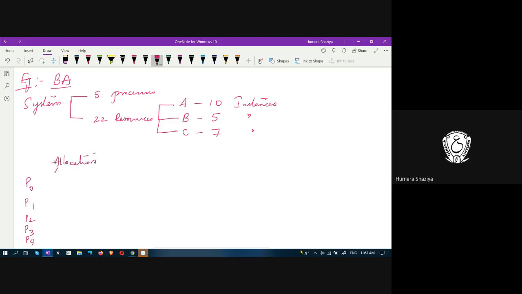Allocation structure, because there are 3 different resources A, B, C. The allocation is made in this manner. This is a textbook example. If you practice this and write the same in the exam, it would be better.